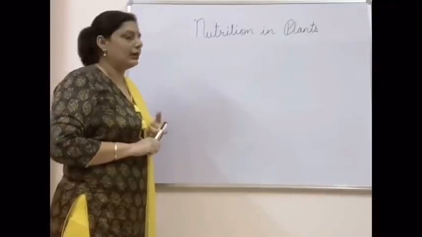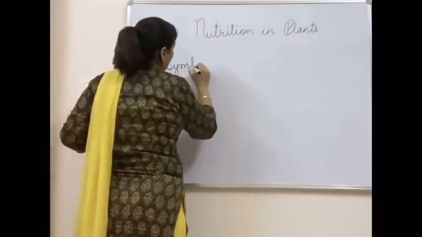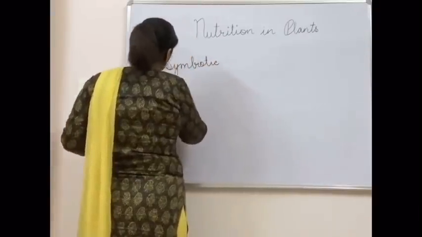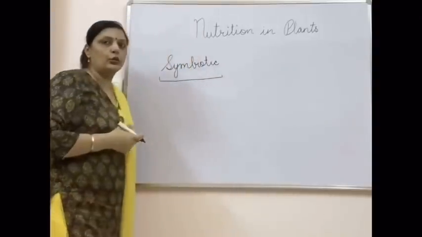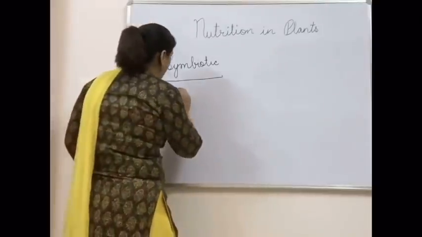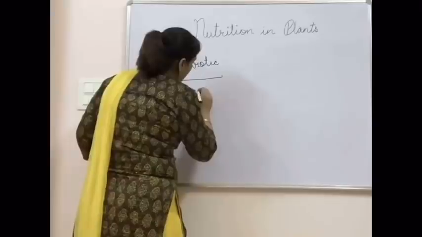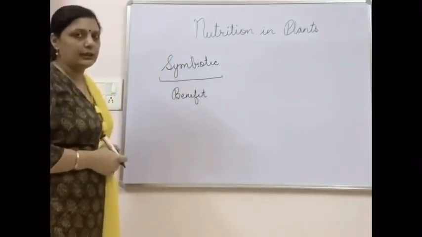We will be discussing the symbiotic mode of nutrition. Now this is also an important mode of nutrition, because here the two organisms which are in close association both benefit each other. Like we have read in the parasitic mode of nutrition, one organism is getting benefit and another is getting harm.